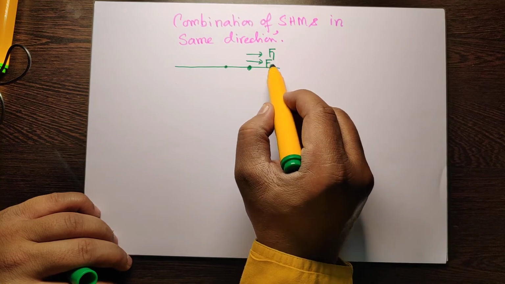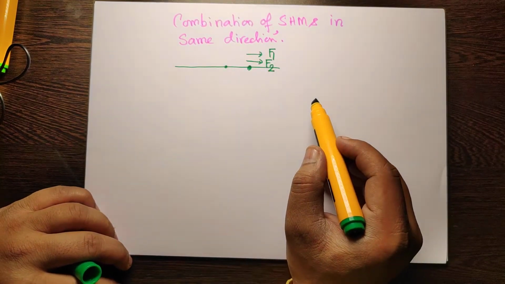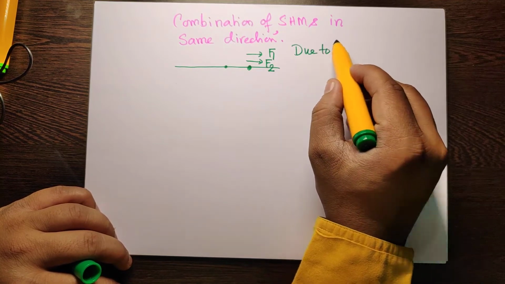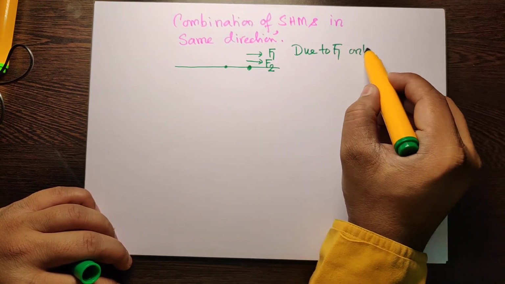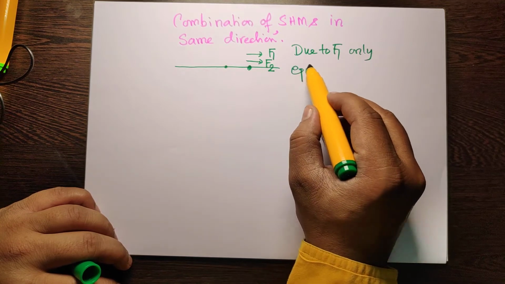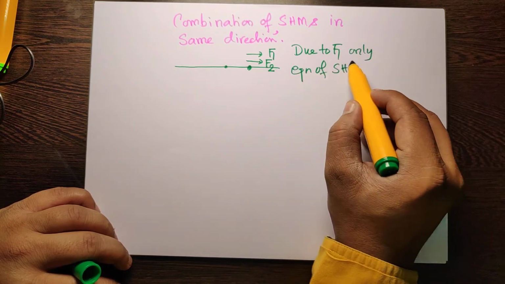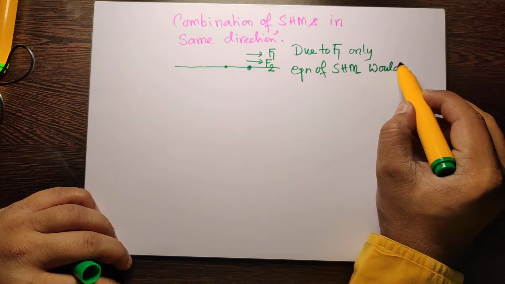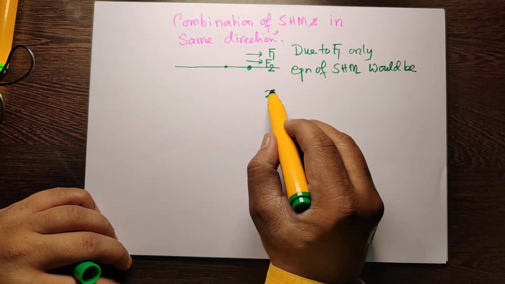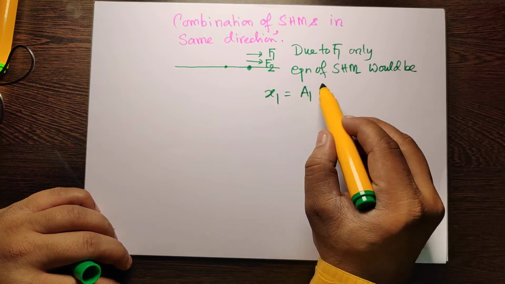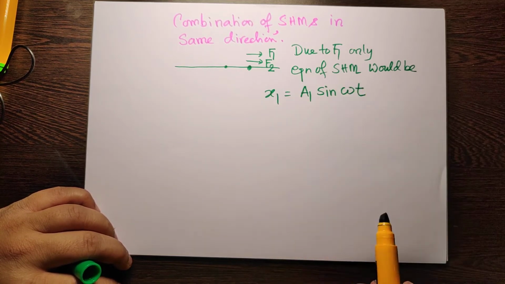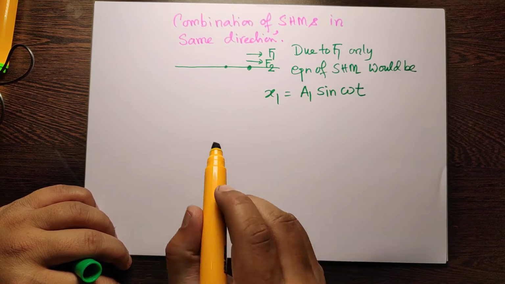If only F1 had acted, then due to F1 only, the equation of SHM would be x1 equal to a1 sin omega t. Suppose this is the equation of SHM due to force F1.